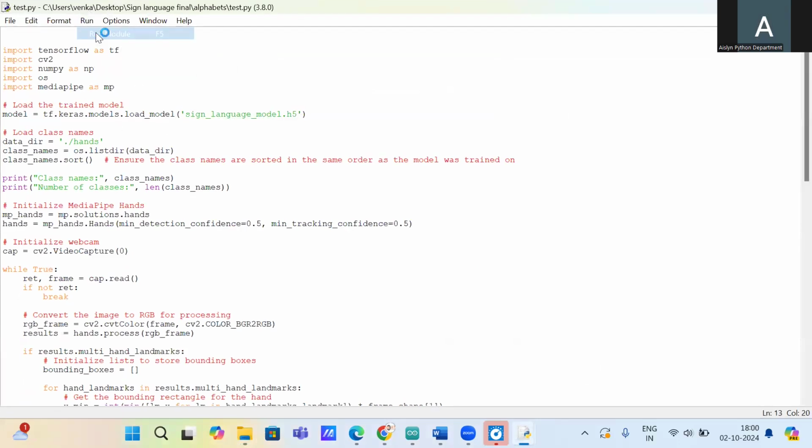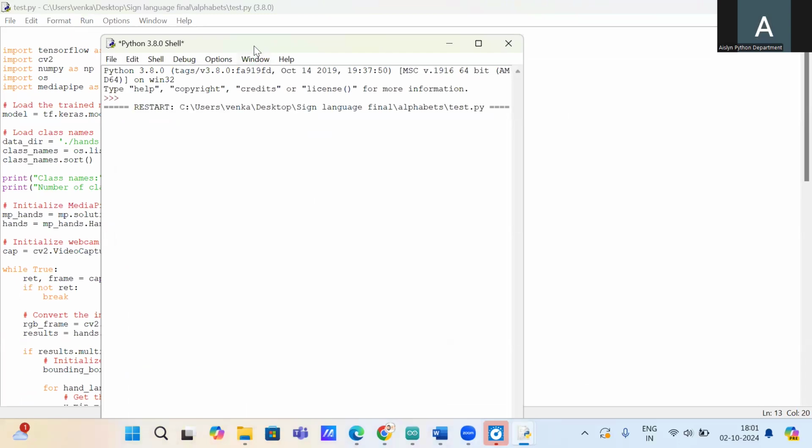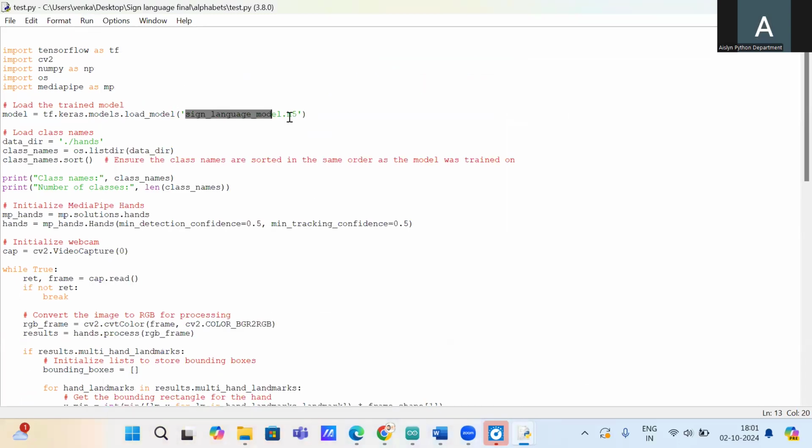I run this now. We train the model based on a matrix.